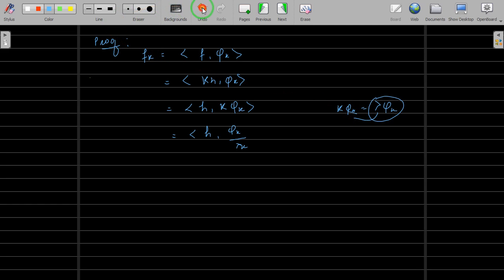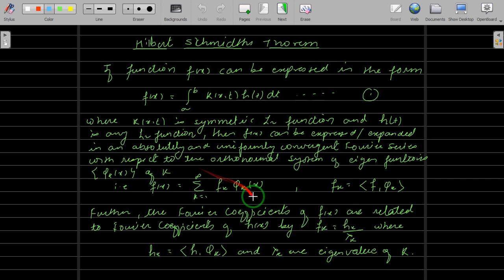These lambda_k are real, since this is a real symmetric kernel. So we get 1 upon lambda_k times the inner product of h with phi_k, and the inner product of h with phi_k is nothing but h_k. So h_k divided by lambda_k. That completes our claim that the Fourier coefficients of f(x) and the Fourier coefficients of h(x) are related by f_k equals h_k upon lambda_k.